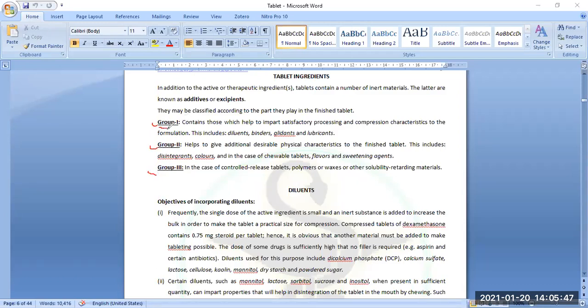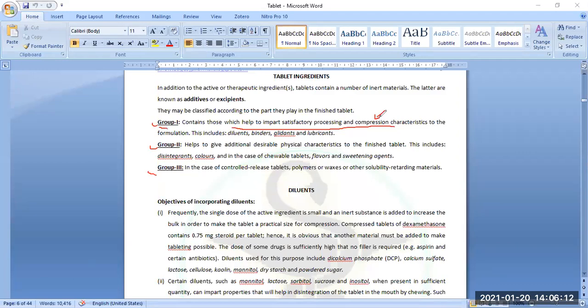What type of ingredient is in group one? In group one are ingredients which help to impart satisfactory processing and compression characteristics. That means ingredients which improve the hardness of the formulation, improve the flow of the formulation, and improve the bulkiness of the formulation.